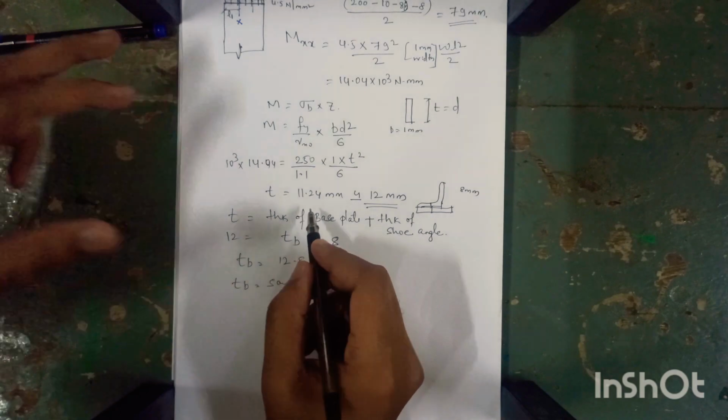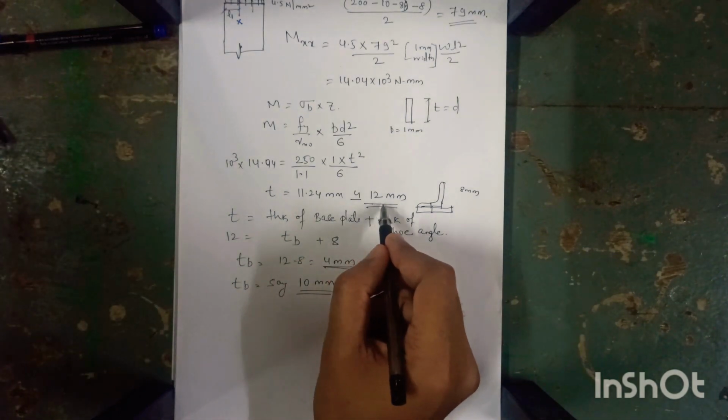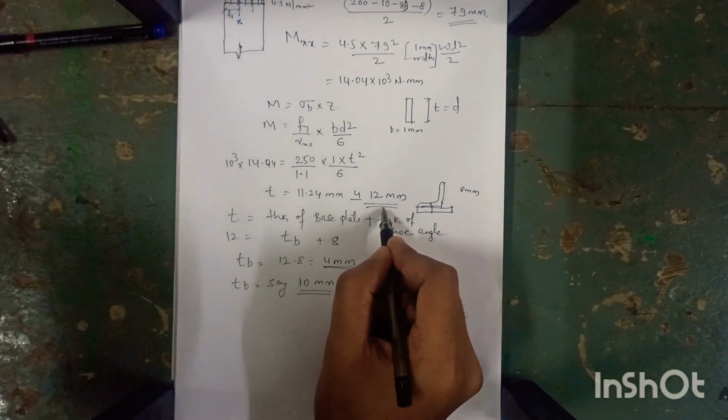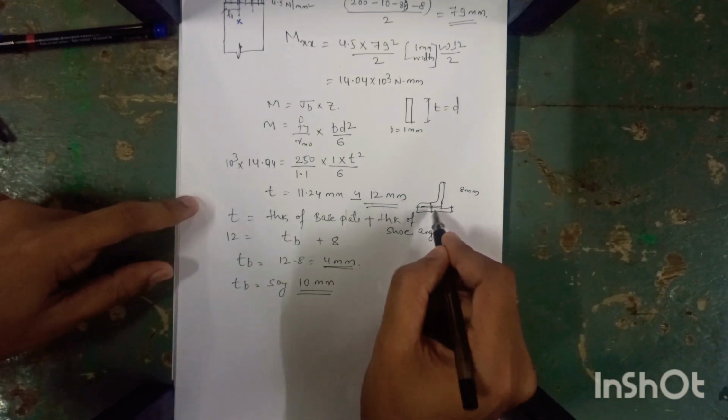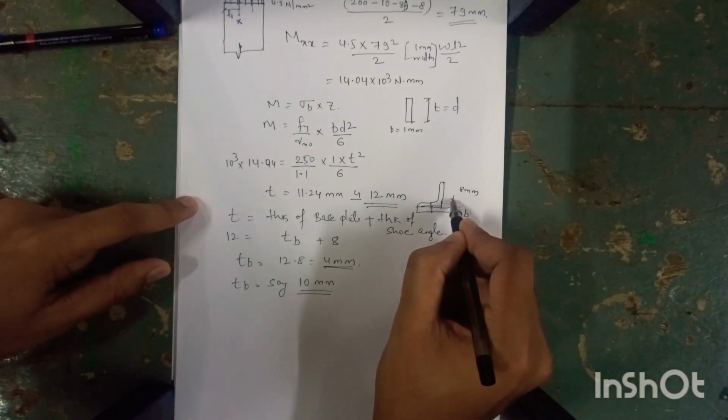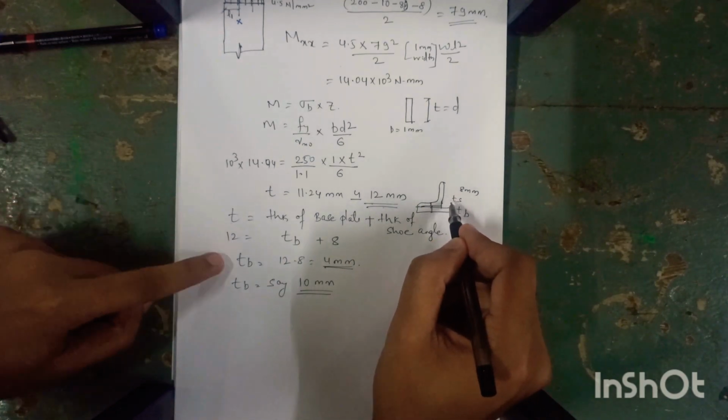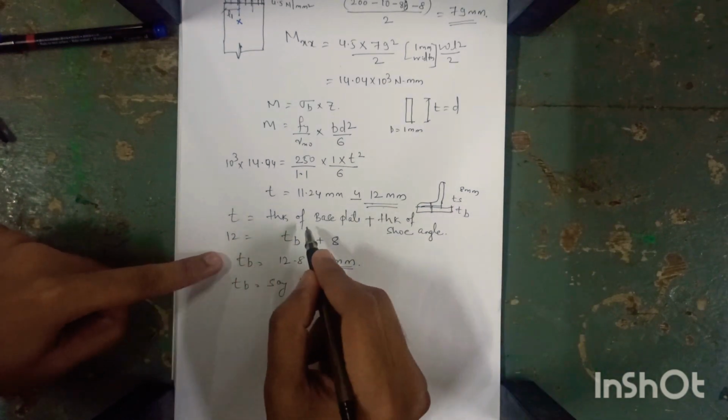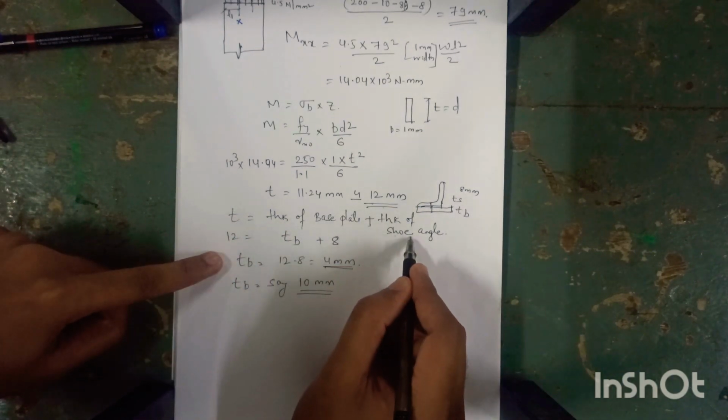Now this total thickness required includes the thickness of base plate TB plus thickness of shoe angle TS. The total 12 mm thickness is equal to thickness of base plate plus thickness of shoe angle.